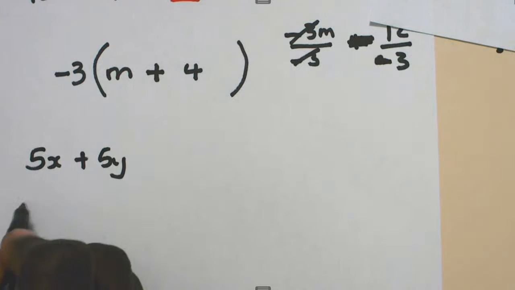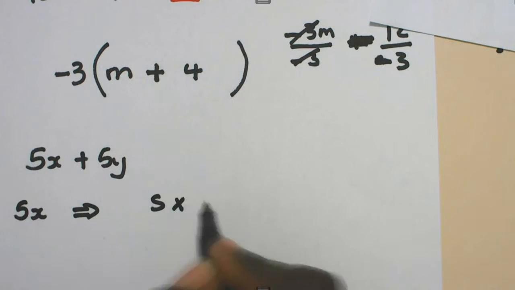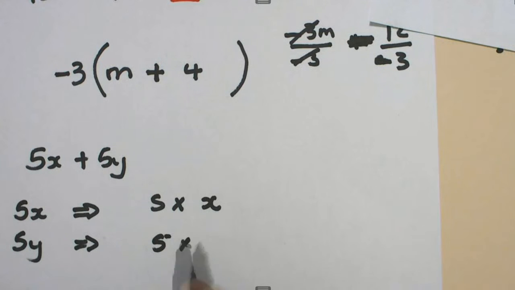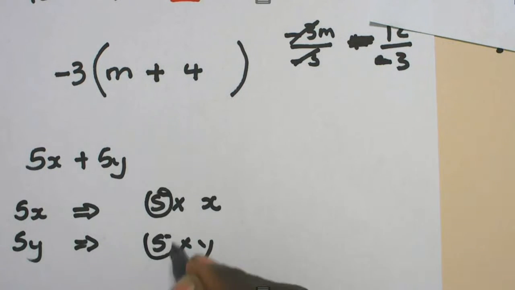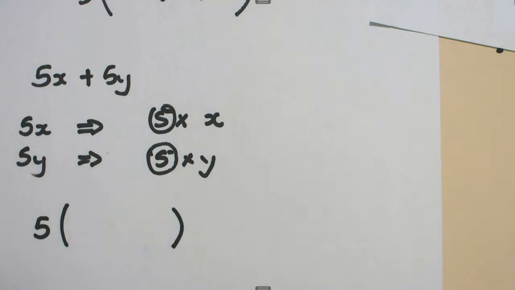The factors of 5x are 5 multiplied by x, and the factors of 5y are 5 multiplied by y. So you can see now that 5 is the highest common factor. Going to the second procedure, it must be written in front of the bracket.